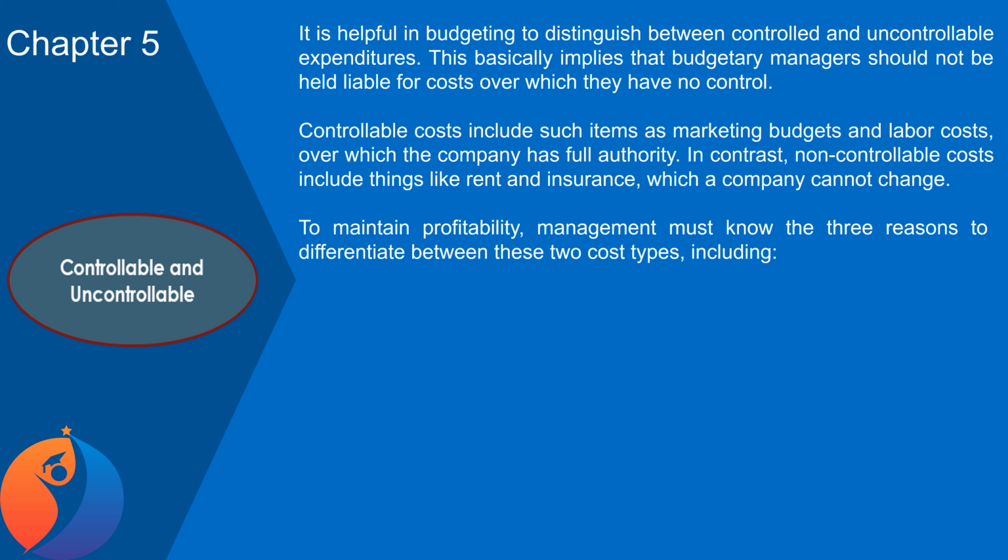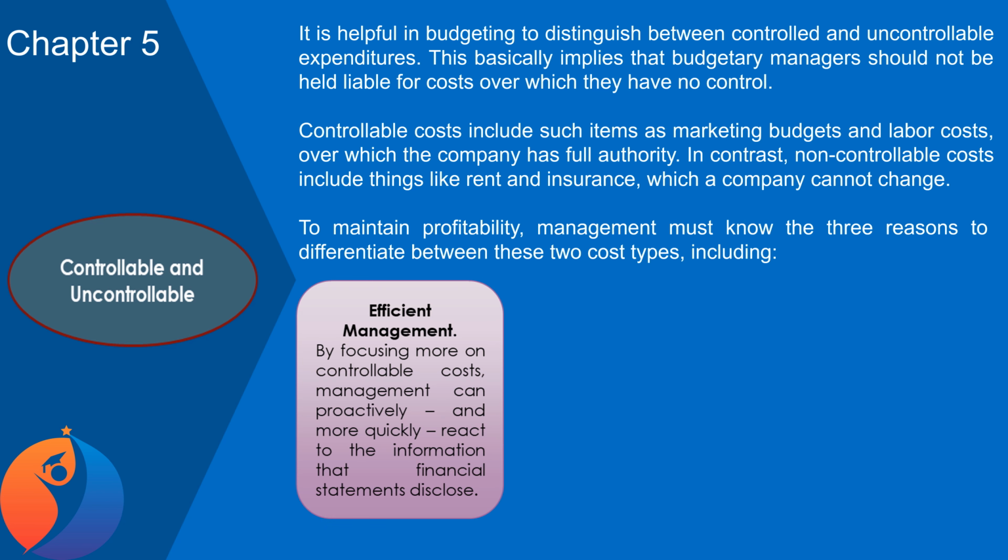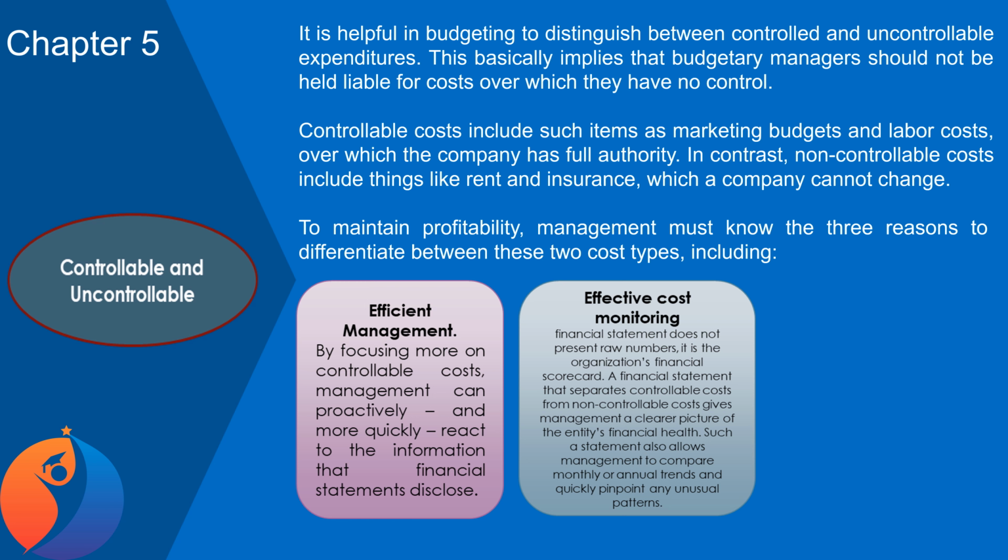To maintain profitability, management must know the three reasons to differentiate between these two cost types, including efficient management. By focusing more on controllable costs, management can proactively, and more quickly, react to the information that financial statements disclose. Effective cost monitoring.